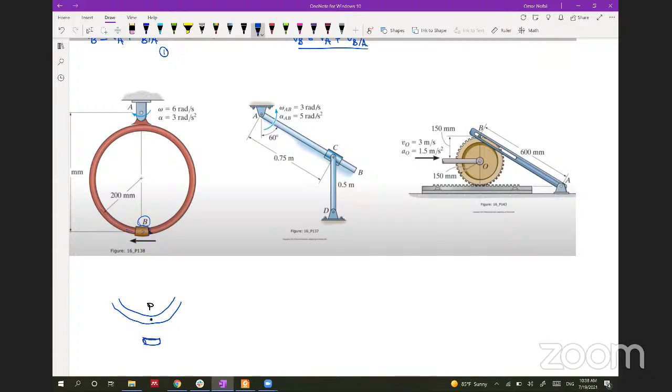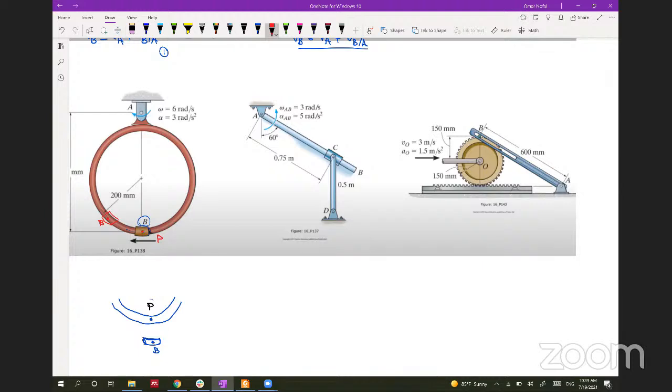So this is our collar and point B is on the collar. So point P is on the ring and B is on the collar. What happens here is that point B is slipping on the ring, like at some point the collar will be here, so point B will be here and point P will be down there. So B is moving away from P.